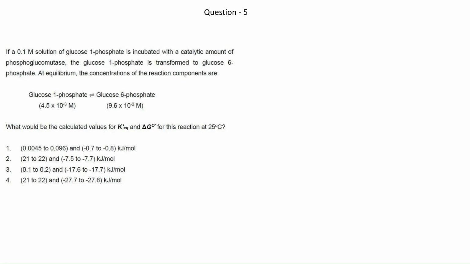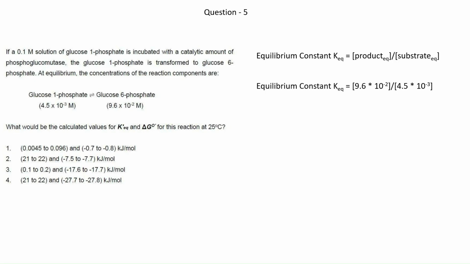Now, what would be the calculated values for K equilibrium and free energy change for this reaction at 25 degrees Celsius? Now, equilibrium constant is derived from the ratio of concentrations of product and substrates at equilibrium.